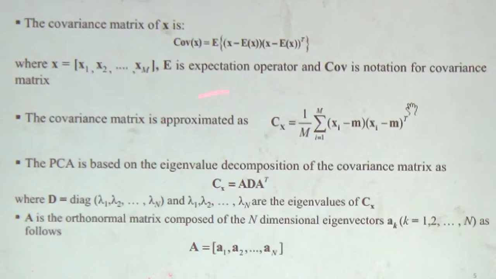So we have this particular covariance matrix. This can be obtained not by using this ensemble statistics. The expectation operator is ensemble statistics, right? I talk about random variables, I talk about random vectors, I talk about such things. But I am given only one sample of the data. Have you studied ergodicity, the ergodic nature of data?